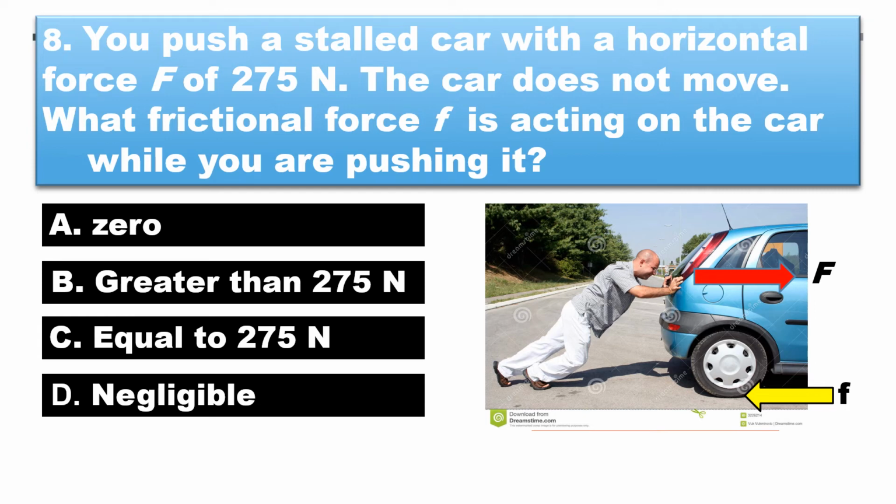Which among the three laws, the first law, second law, or the third law, will explain this situation? For the car not to be able to move, despite the fact that there are forces acting on the car, in short, the car stays in equilibrium.